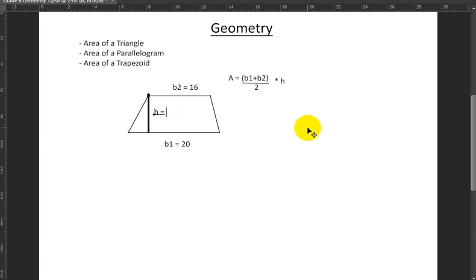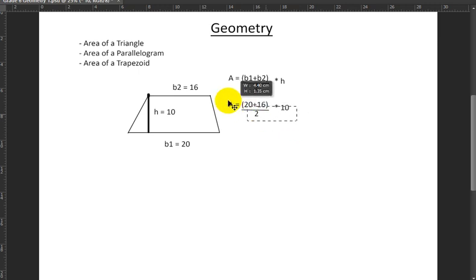And the height, let's say, is equal to 10. Well, then let's plug in the numbers that we just put in. We said that one base is 20, and the other base is 16. And we also said the height is 10.